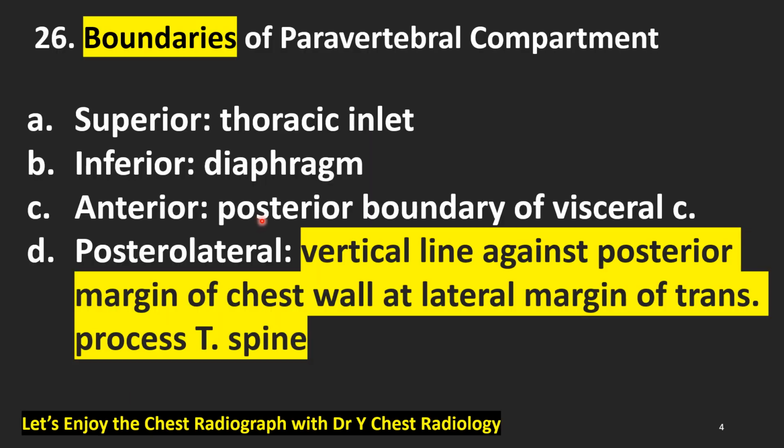Regarding the boundaries, let's go directly to the posterolateral boundary: a vertical line against the posterior margin of the chest wall at the lateral margin of the transverse process of the thoracic spine. A little bit long sentence, isn't it?